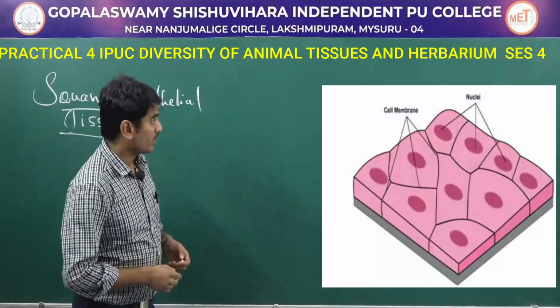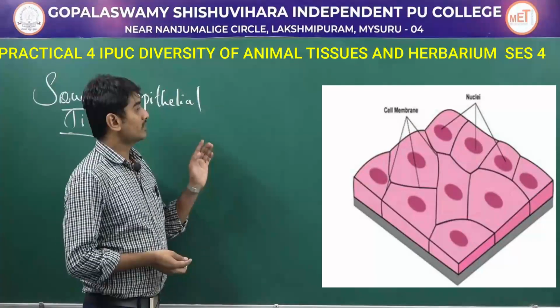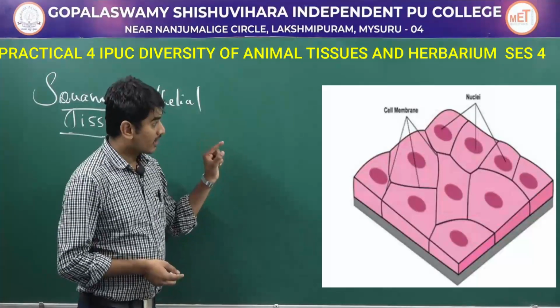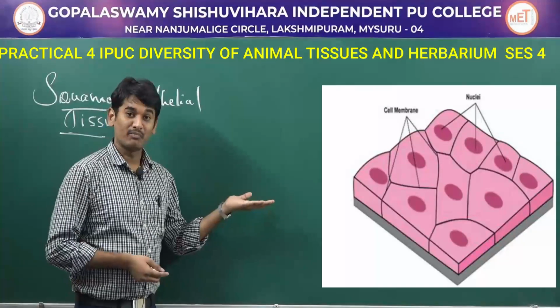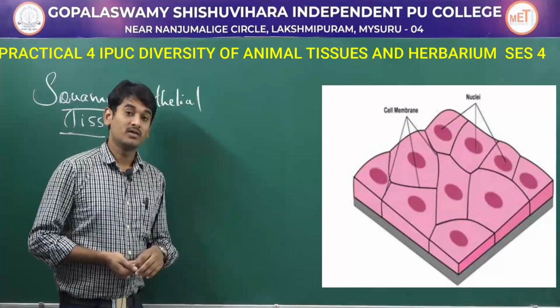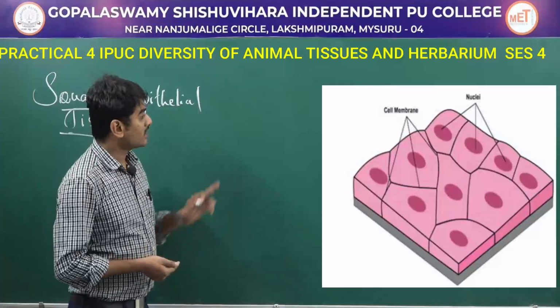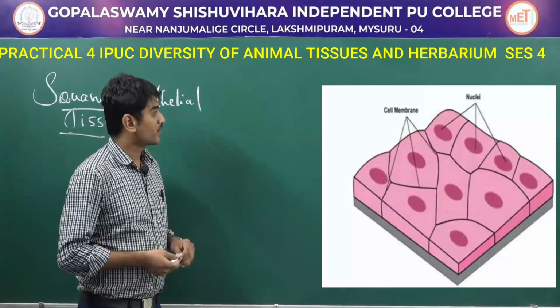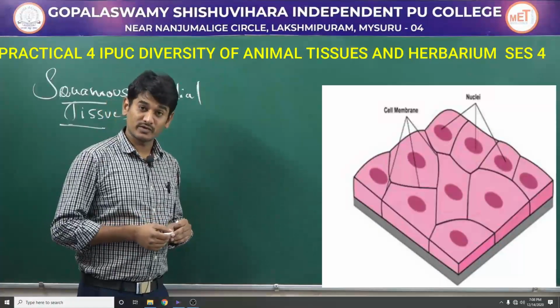On the right side we can observe the cells are thin, flat and single layered on the basement membrane, with a central nucleus surrounded by cytoplasm. There is no space between two cells.